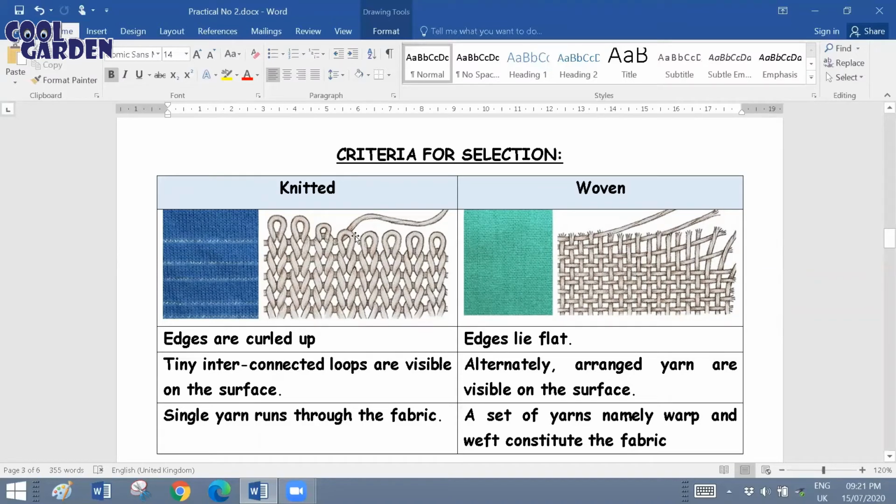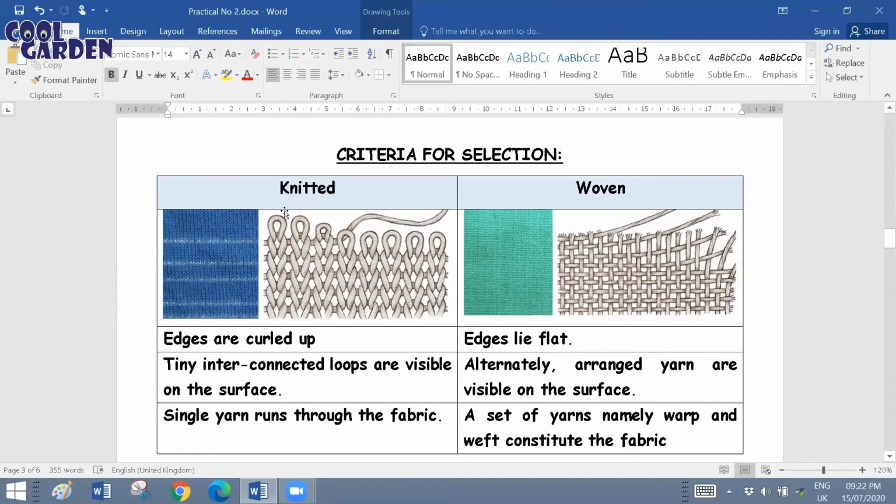And here you will see that in woven, these yarns are arranged in a way that one is above and the other is inside. See, in and out. When it comes to knitted, it's a single yarn that runs throughout the fabric.